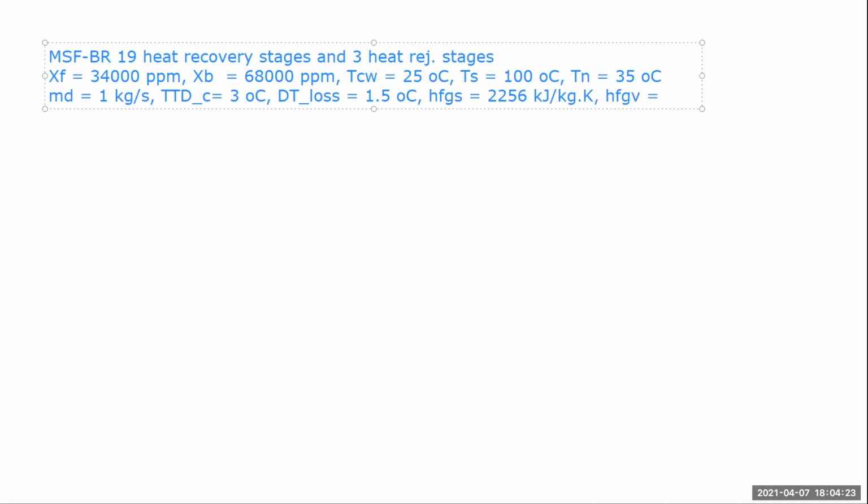HFG vapor is, let me extend this for a while, HFG vapor is 2354 kilojoule per kilogram. Overall heat transfer coefficient for the brine heater is 2 kilowatt per meter square centigrade. And for the condensing tubes, it is 1.9 kilowatt per meter square centigrade.